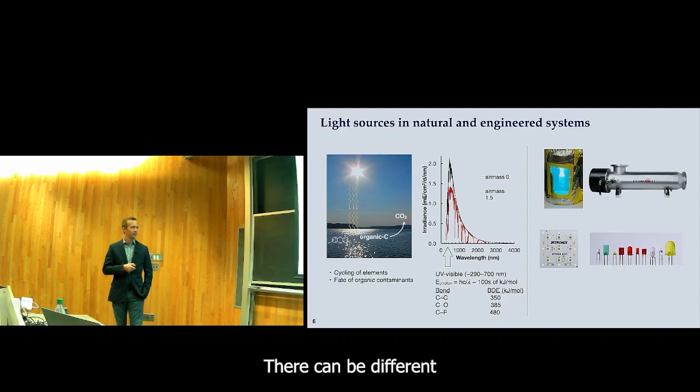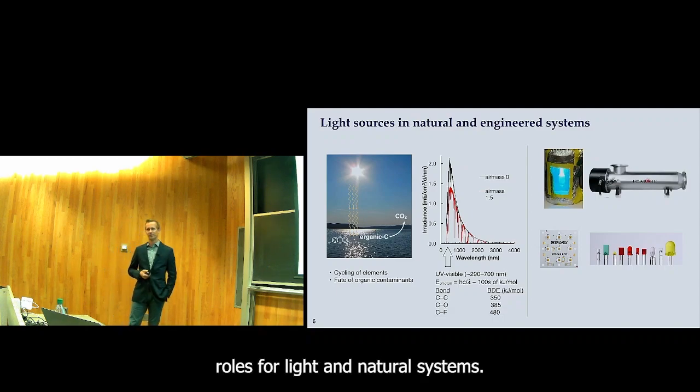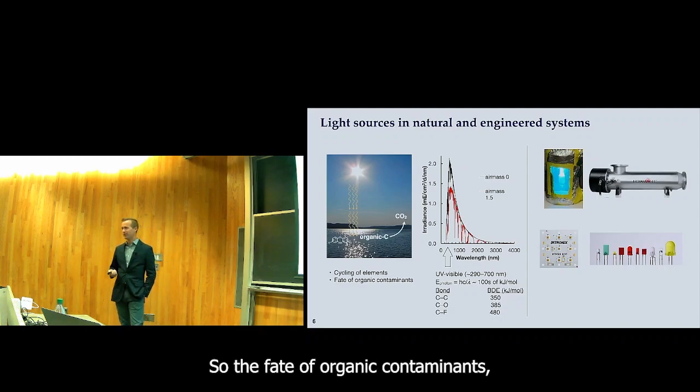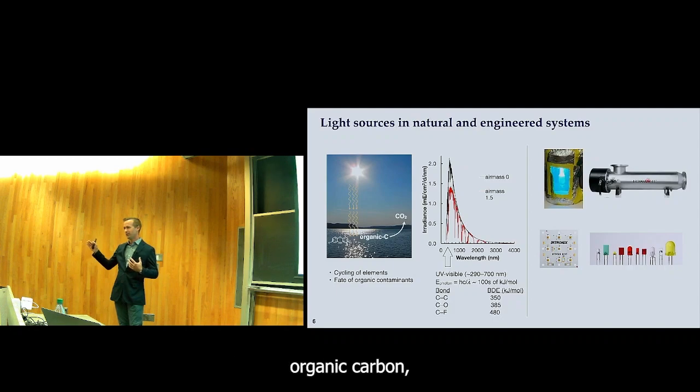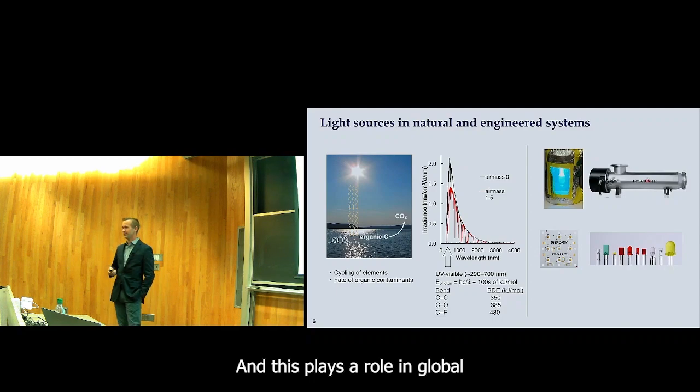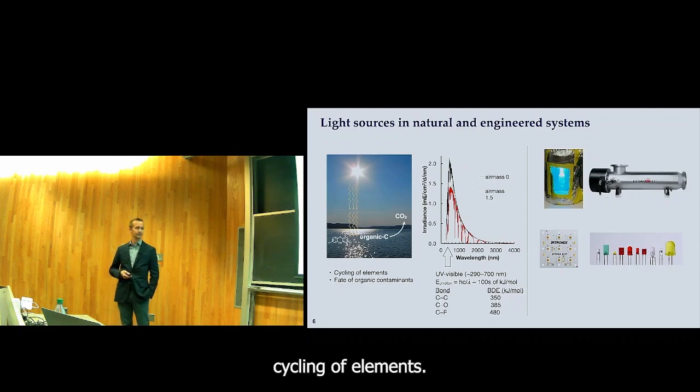There can be different roles for light in natural systems. So, the fate of organic contaminants. I know Professor Arnold isn't here, but he's done a lot of work on triclosan photolysis over the years. And then photons also convert organic carbon, organic nitrogen, and sulfur to inorganic products, and this plays a role in global cycling of elements.